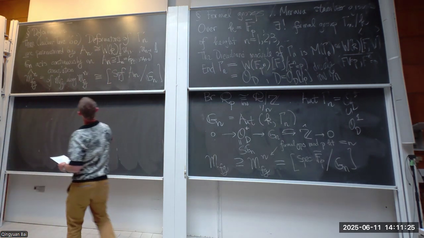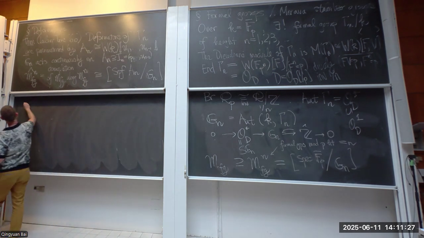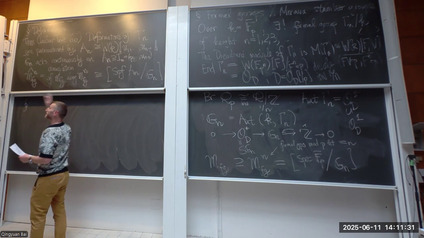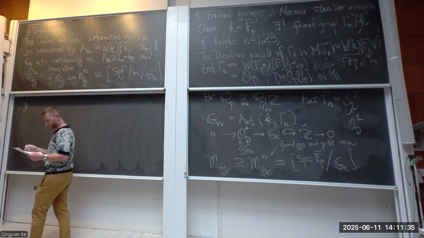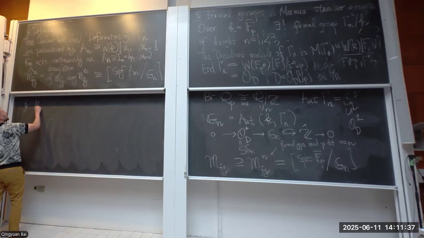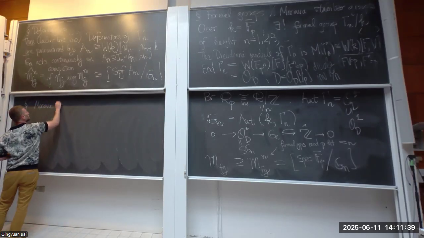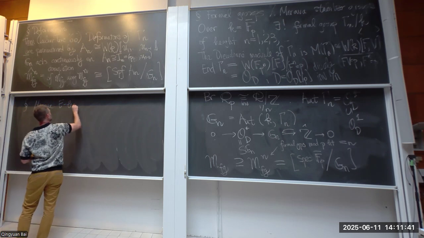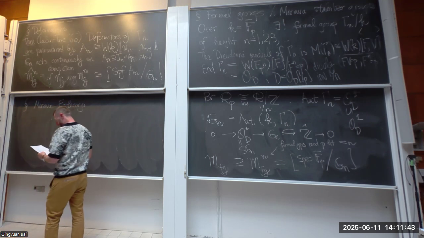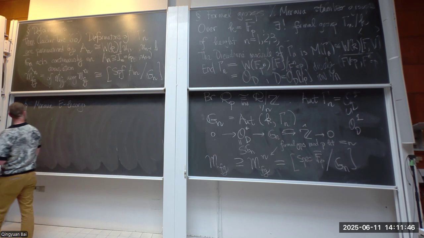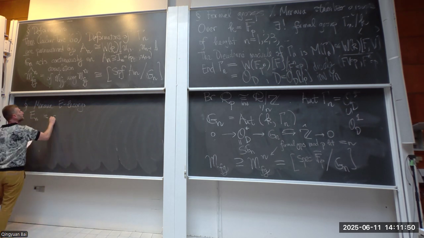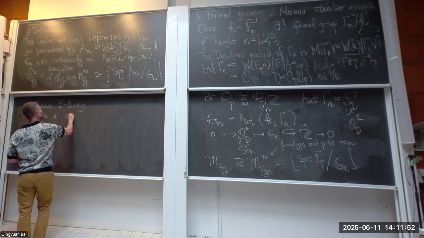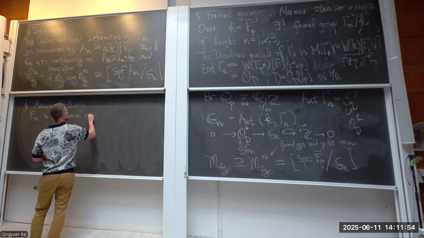So all of these objects have homotopy theoretic avatars. The familiar one in this context is Morava E-theory. So this E_n is a commutative ring spectrum.